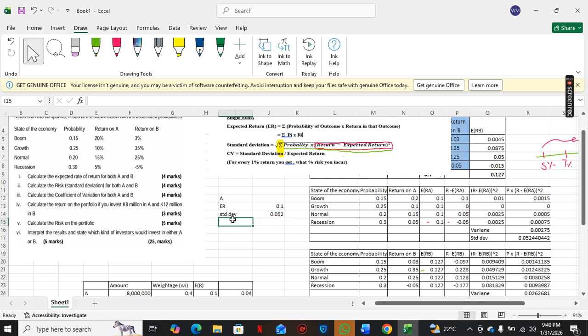Okay. So once we get our coefficient of variation, okay. So coefficient of variation, standard deviation divided by expected return, you get 0.52.